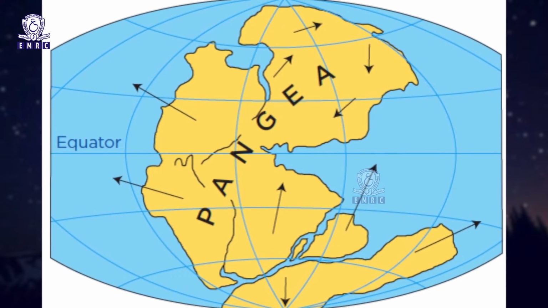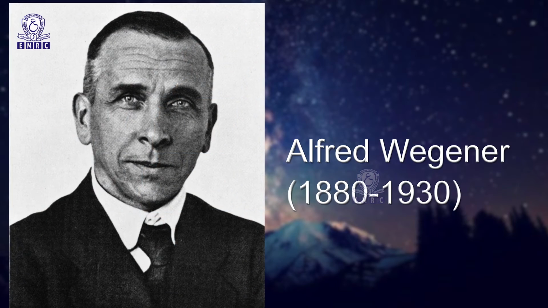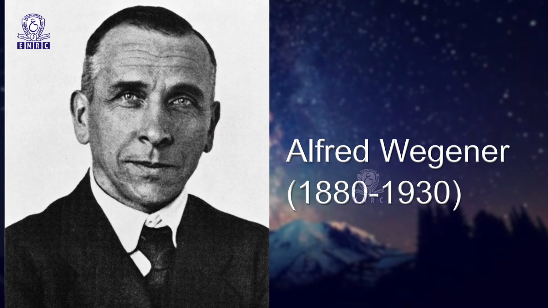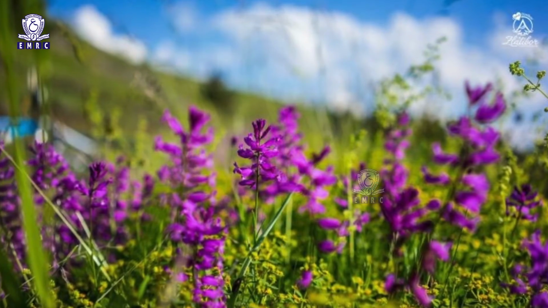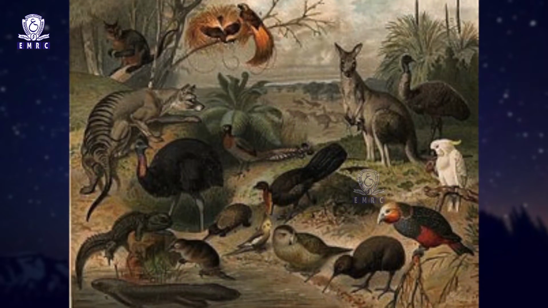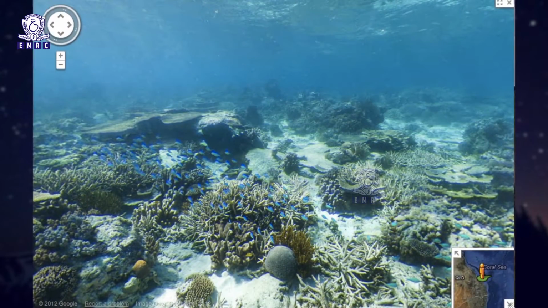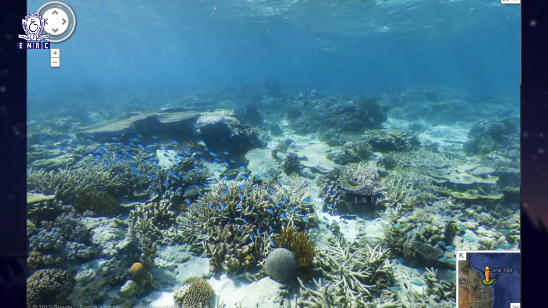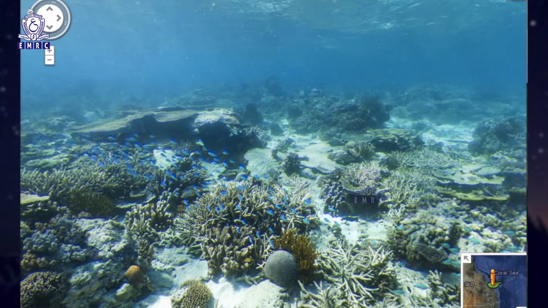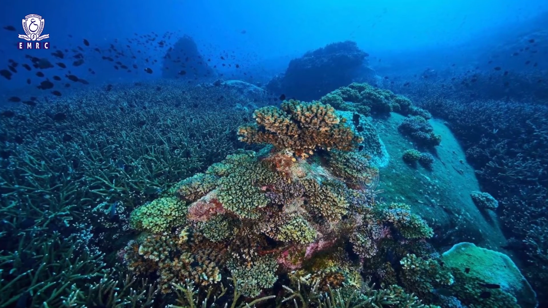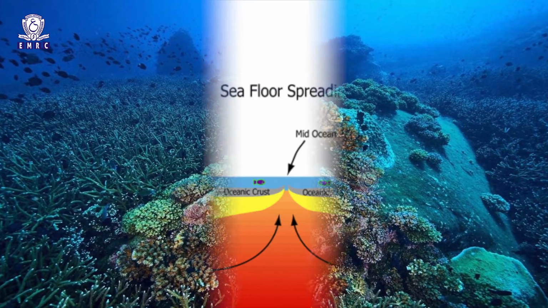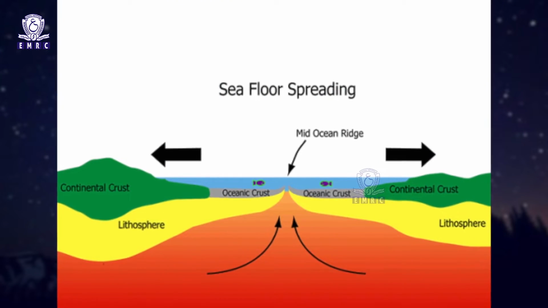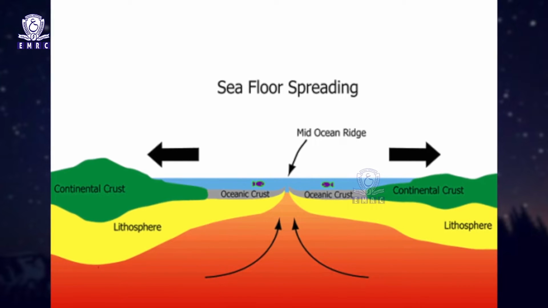In the continental drift theory, Alfred Wegener collected most of the evidence from the continental areas in the form of flora, fauna, fossils, etc. The information collected from the ocean floor provided a new dimension for the study of the distribution of continents and oceans in the form of theory related to sea floor spreading.